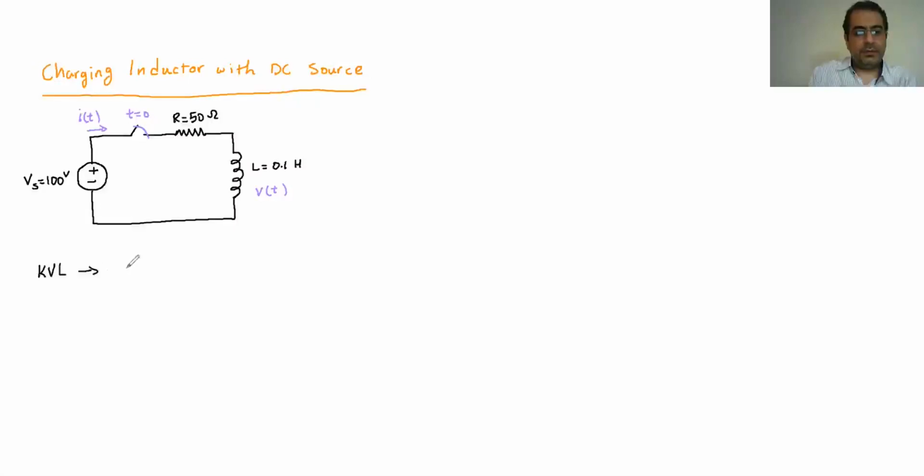It means that the sigma V in a closed circuit should be 0. So if I start to rotate from this point all the way back to this point, and write all the voltages I have: first I get Vs, which is negative, so it's negative 100.